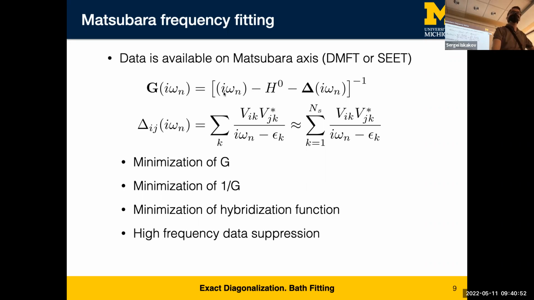You have i omega in the G and you have delta here. So i omega will grow and delta in high frequency will decay. Because you need to trade off for something when you do the fitting routine, you would better resemble proper low frequency behavior of your G than proper high frequency behavior of your delta.